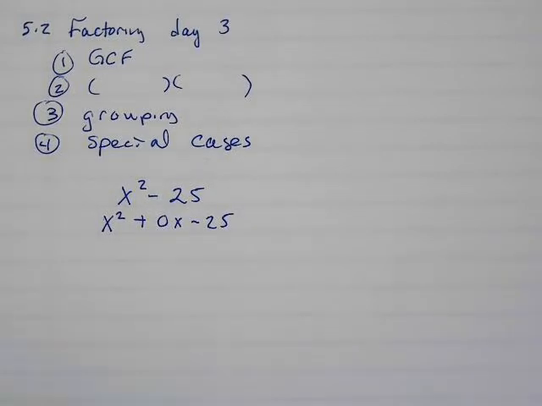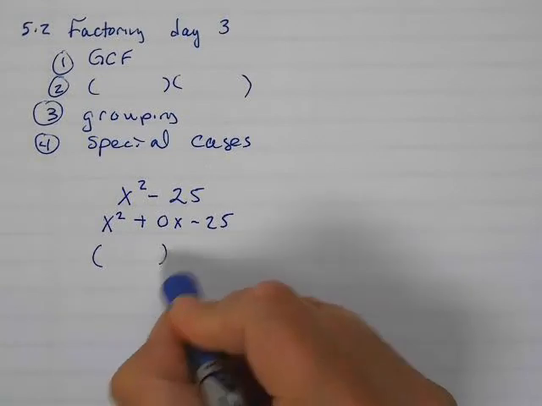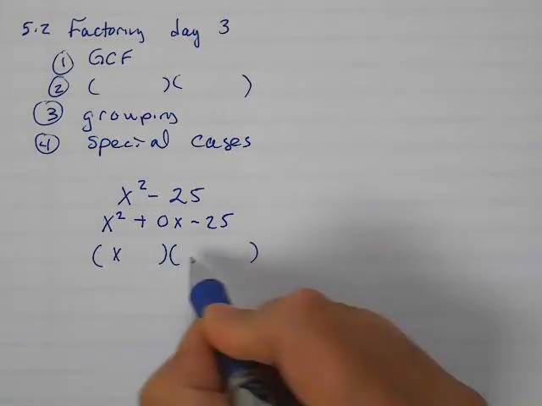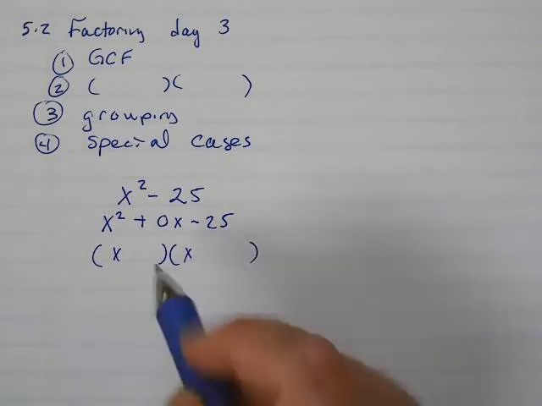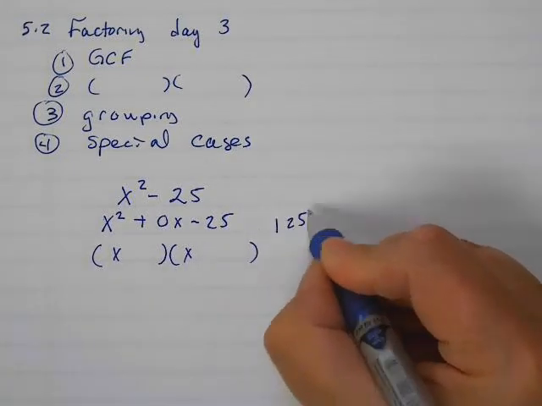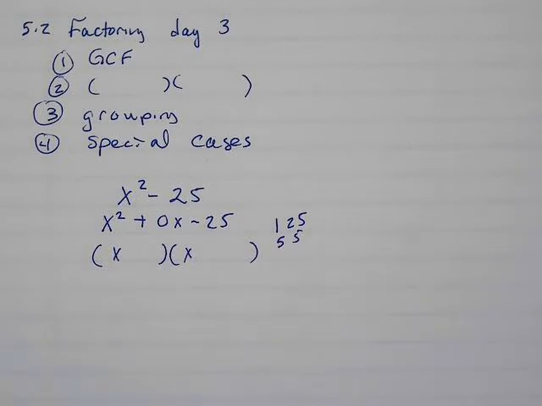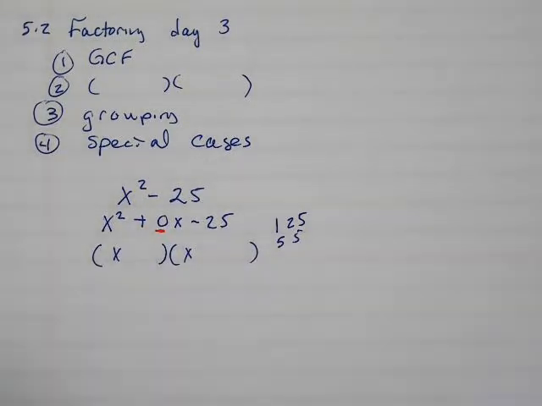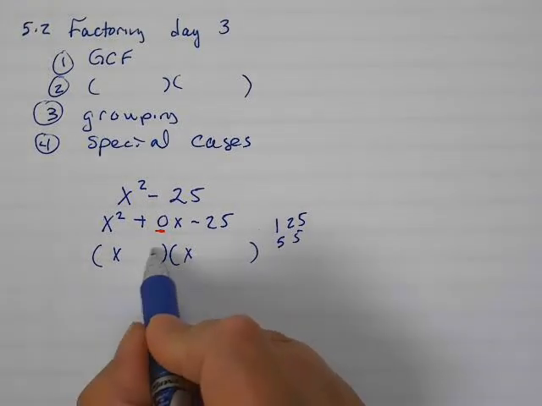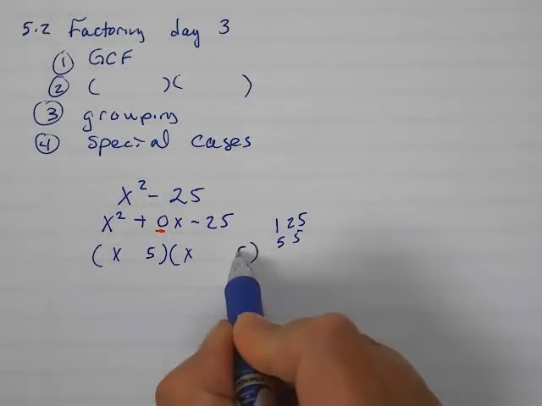So when I'm factoring, I know that I'm going to have an x and an x, and I know that the two numbers that I put here and here have to multiply to give me 25. So it's either 1 and 25 or 5 and 5. But these two numbers have to add together to give me that middle number. So if you think about it, it's going to have to be 5 and 5.